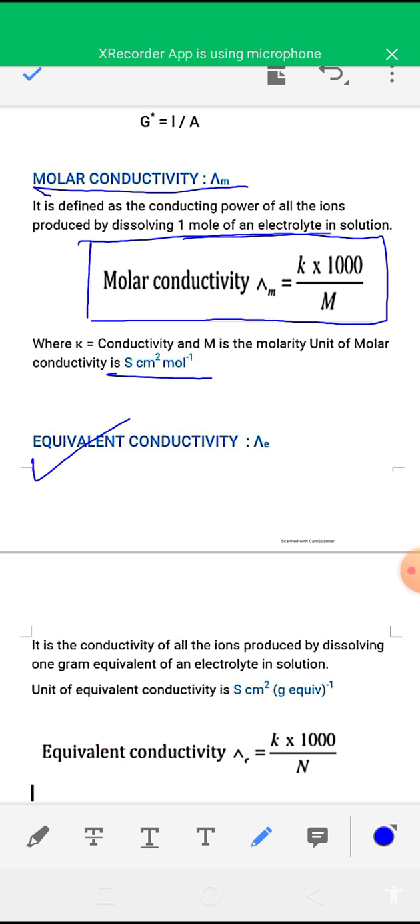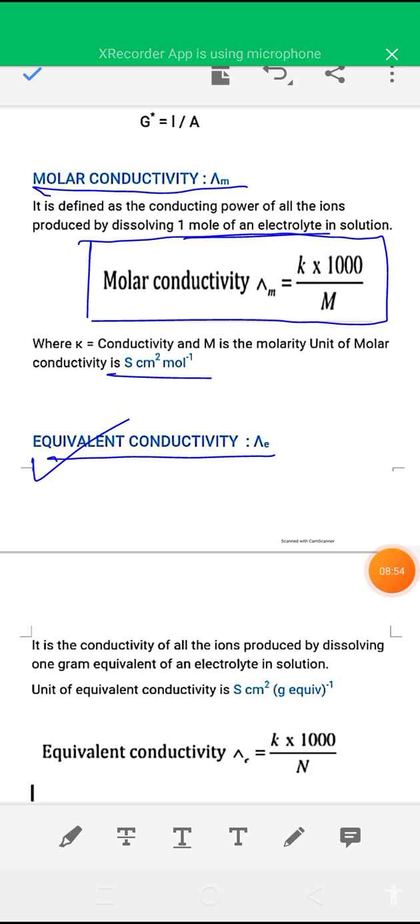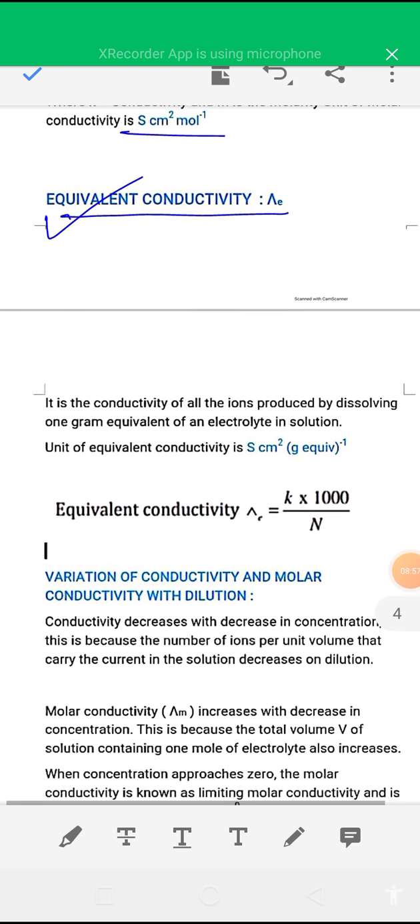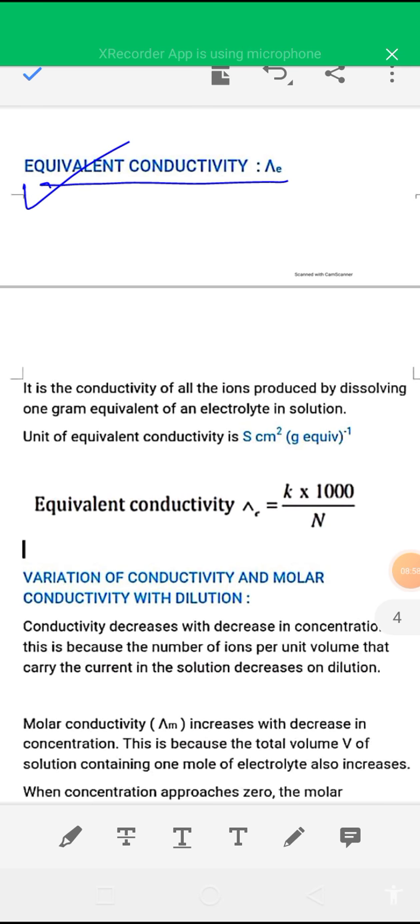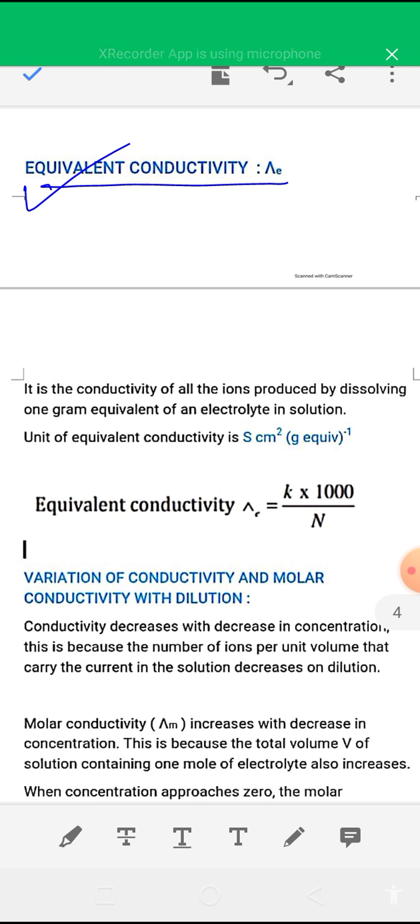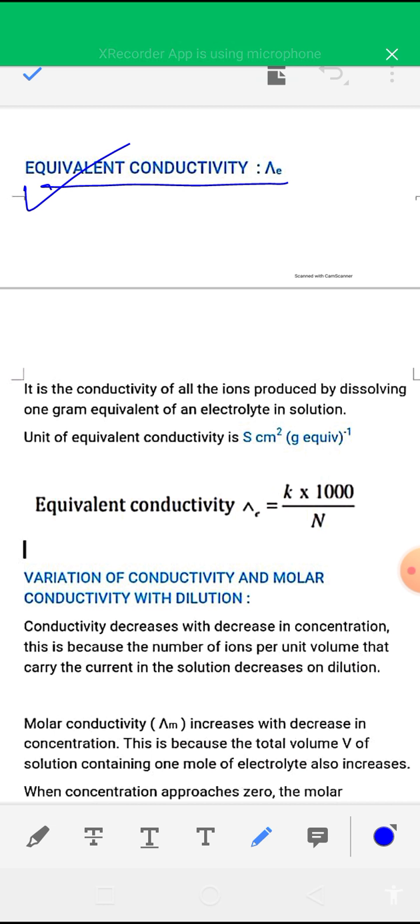Now the second type of conductivity is known as equivalent conductivity. It is represented by lambda E. So what is the definition of equivalent conductivity?